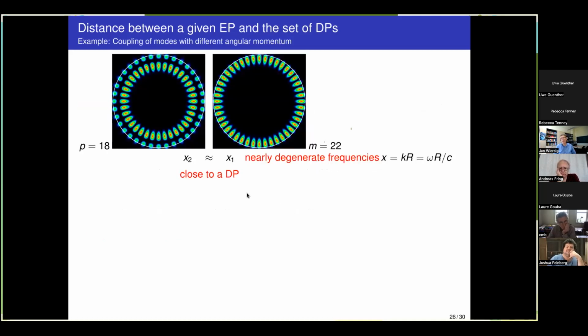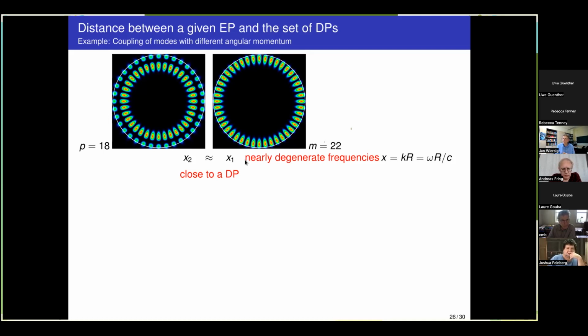Okay, now let's come to one example. Let's come back to this microdisk problem. Let's assume we have a situation with two modes in a perfect, ideal, circular-shaped microdisk with similar frequencies. I call them x1, x2. This is a dimensionless frequency, just using some scaling: R is the radius, omega the frequency, c the speed of light in vacuum.